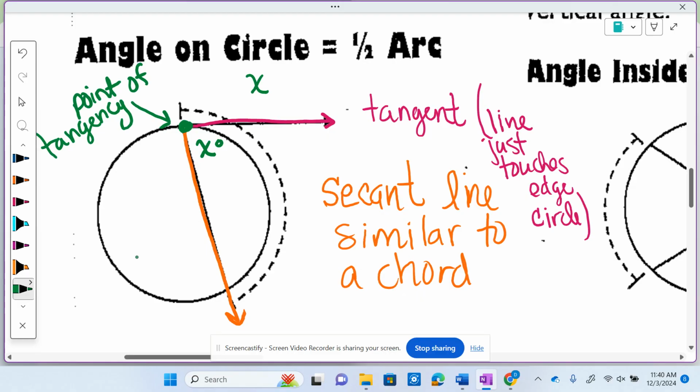So the measure of angle x equals half of the arc. So this is my arc.